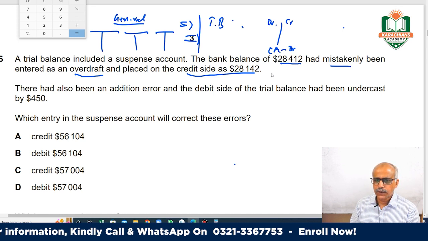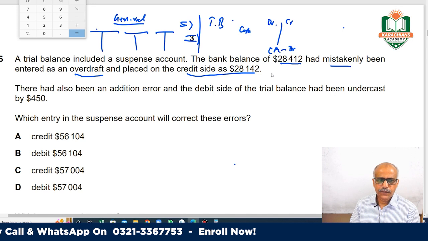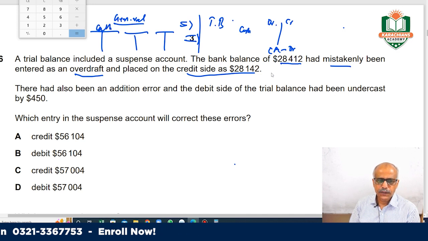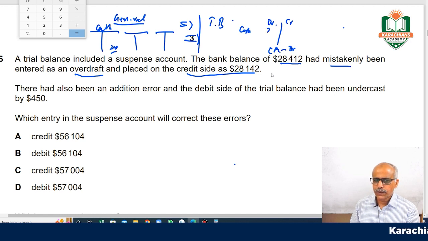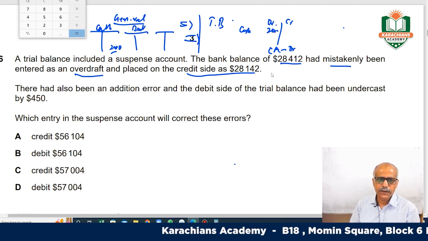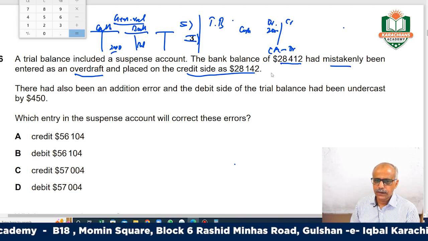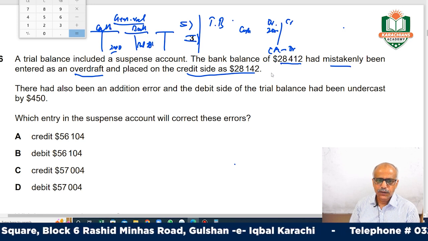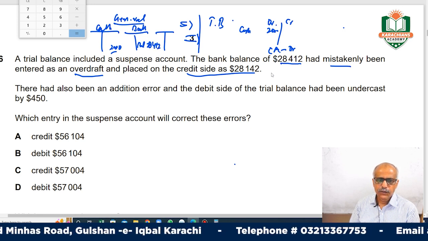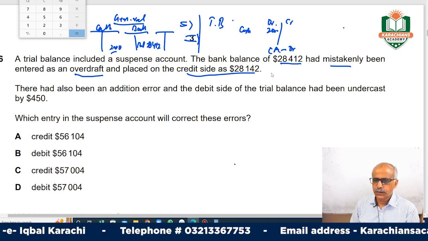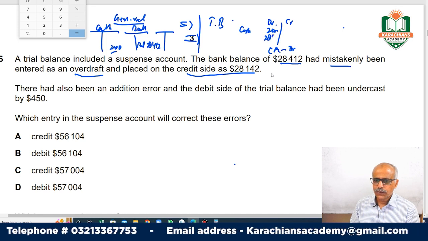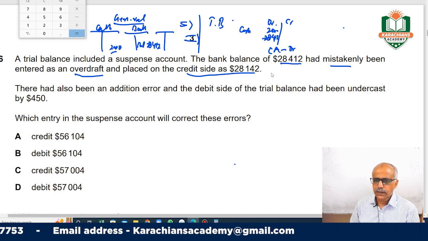If it is cash and the closing balance is 2000, this will come here as 2000, right? If it is bank, its closing balance is, say, 28,412, so this is a debit balance, so it should come here as 28,412, but this did not happen.